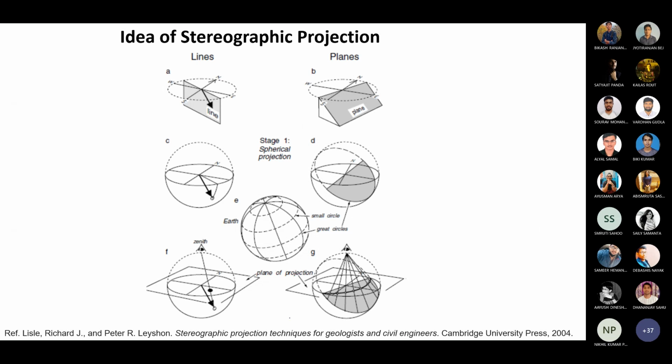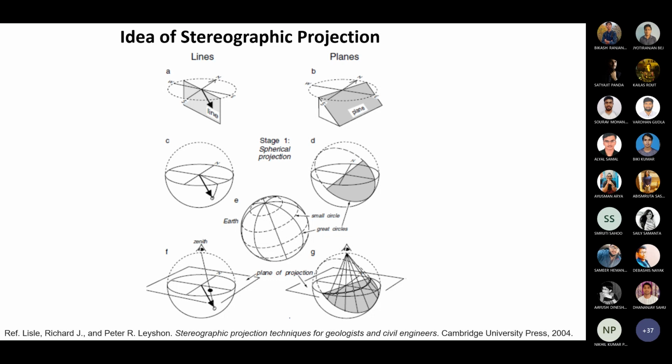Now we are going to understand the slightly critical part: how to understand stage by stage the idea of stereographic projection, how to develop the concept, and how stereographic projection is going to apply to such kinds of relationships.